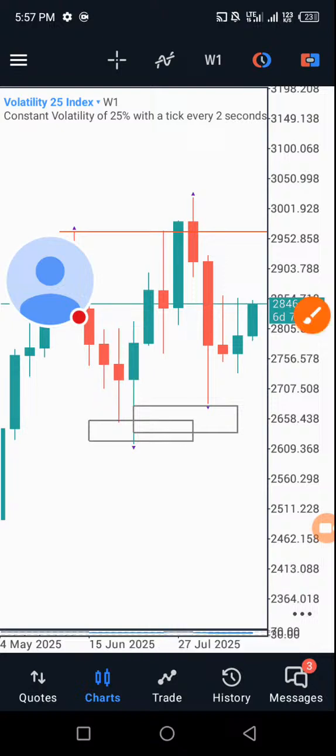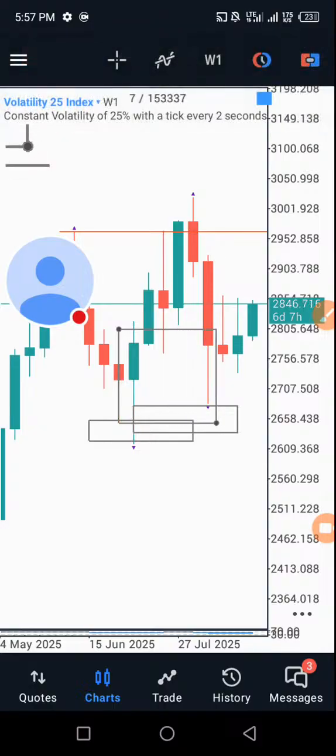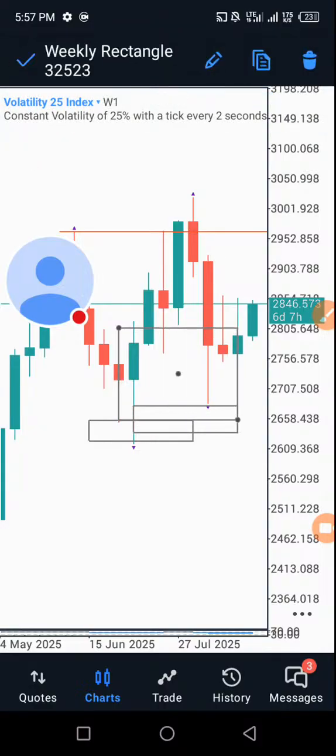That's why I say we have to be dynamic in our approach, guys. It's not as if there's a rigid rule. You have to be flexible in your analysis. So let's consider this now as our order block here. That's our weekly time frame.